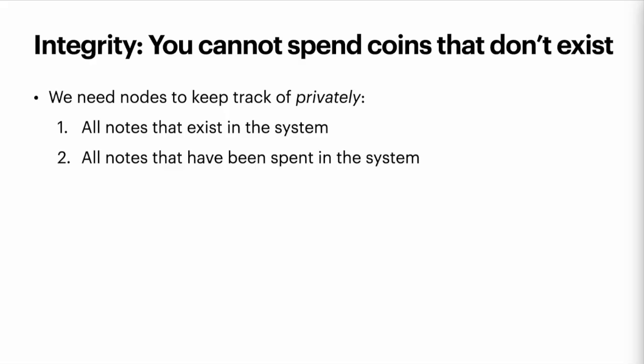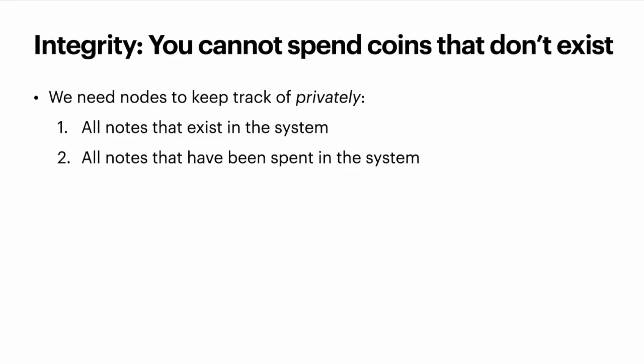And the tricky part is we need to do this tracking in such a way that you can't map items in data structure 1, all notes in the system, to items in data structure 2, all notes that have been spent in the system, because that's basically the transaction graph. Making sure there isn't a mapping between thing 1 and thing 2 in the transaction graph is the whole point of what we're trying to do here.